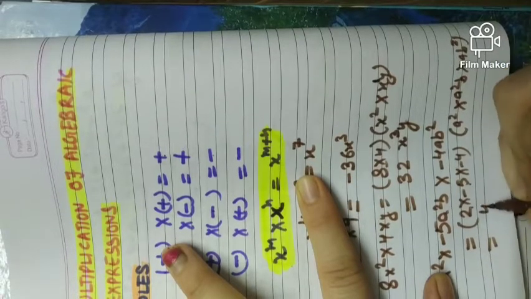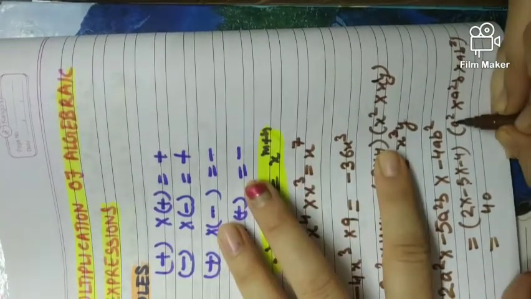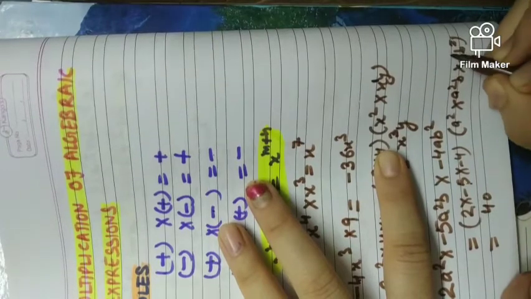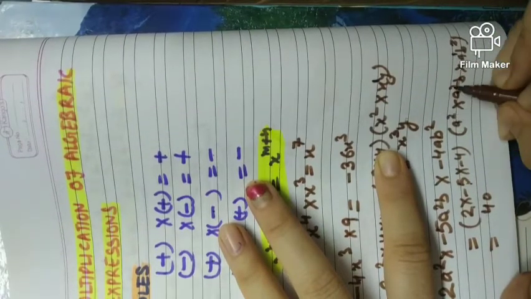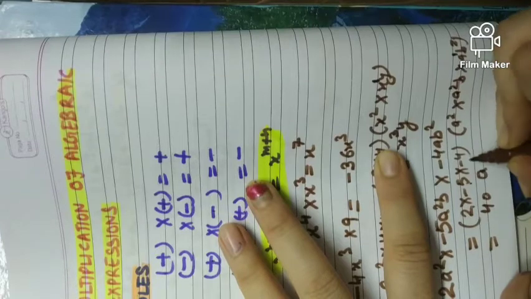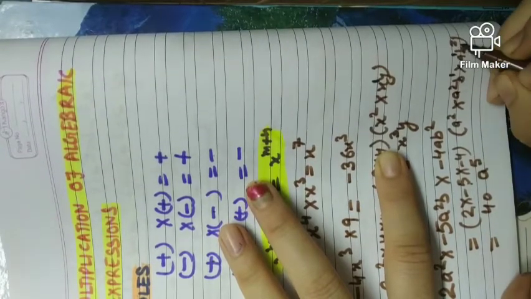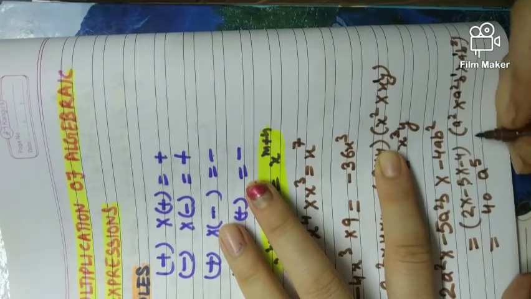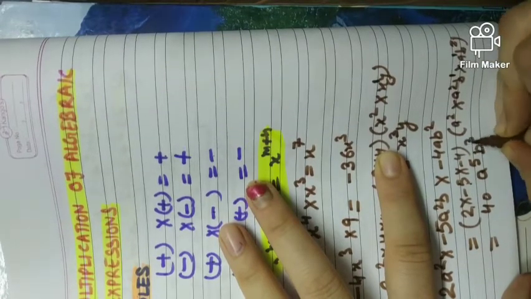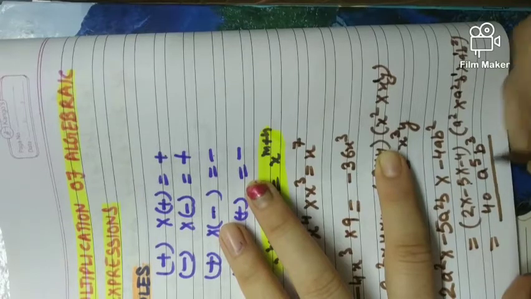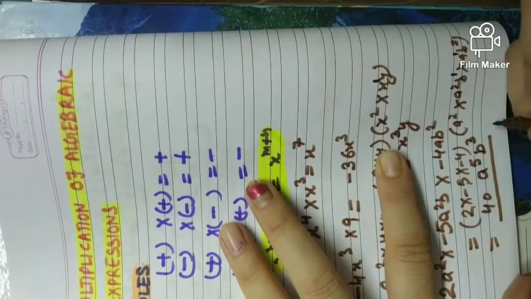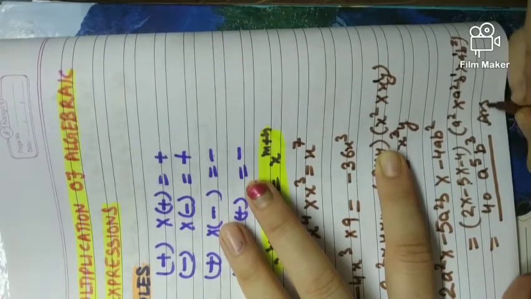Minus minus, plus sign will come. From here, beta, a square into a square into a. See, base is the same, powers will be added. 2 plus 2 is 4, plus 1, it will become a raised to the power 5. Now here b raised to the power 1 and b raised to the power 2. So base is the same, power will be added. So b raised to the power 3. So my answer will be 40 a raised to the power 5 b raised to the power 3. I hope it is clear to you.